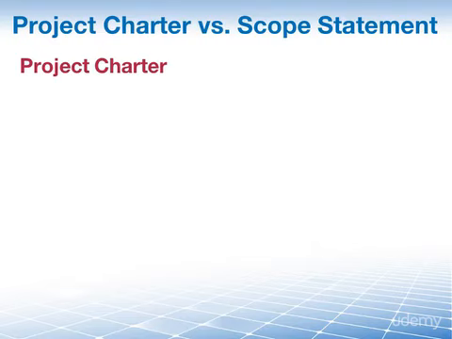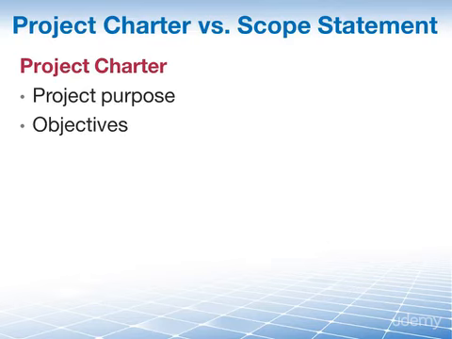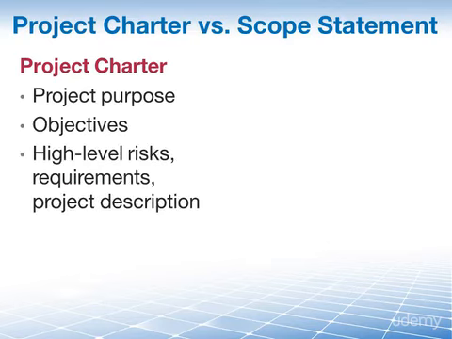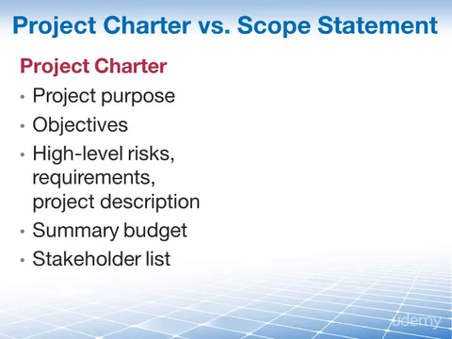Some of the key elements of the project charter are the project purpose, measurable project objectives, high-level risks, high-level requirements, and project description, a summary budget, a stakeholder list, and most importantly, you as the project manager are assigned and named in the project charter.